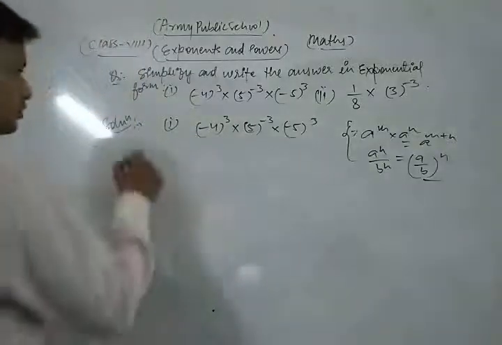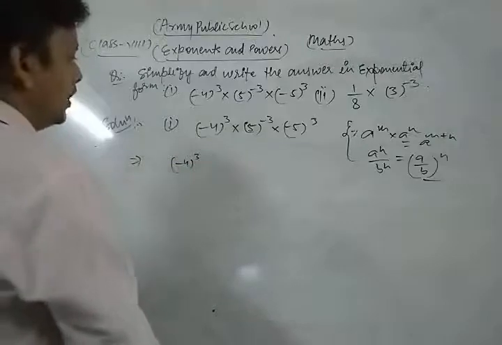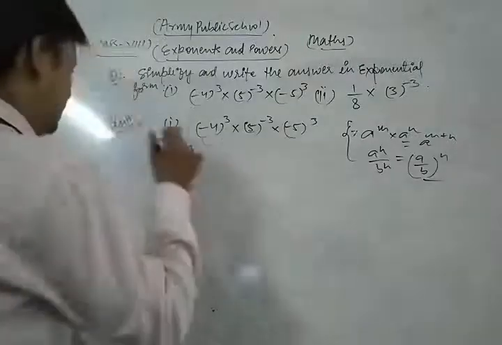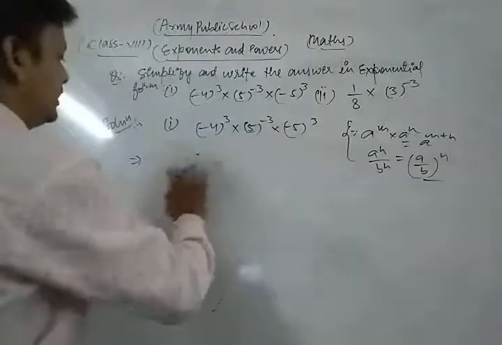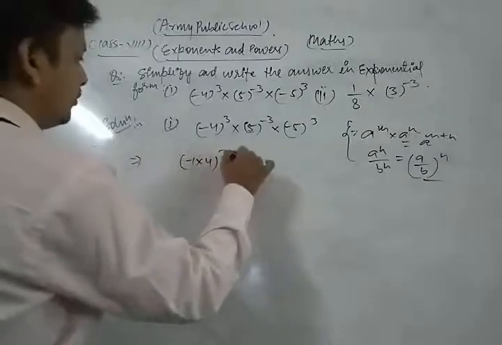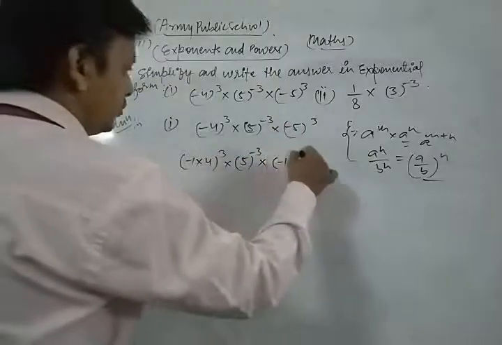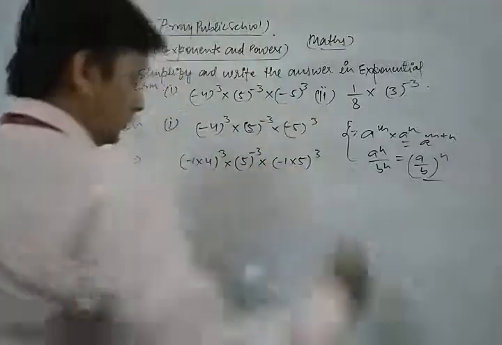Now look, first of all, this is minus 4 to the power 3. Now we can write it as minus 1 into 4 to the power 3 into 5 power minus 3, and here we also write minus 1 into 5 power 3.